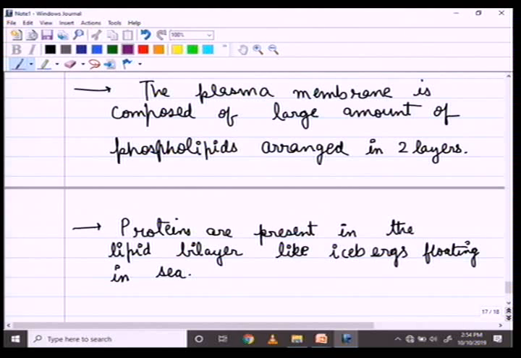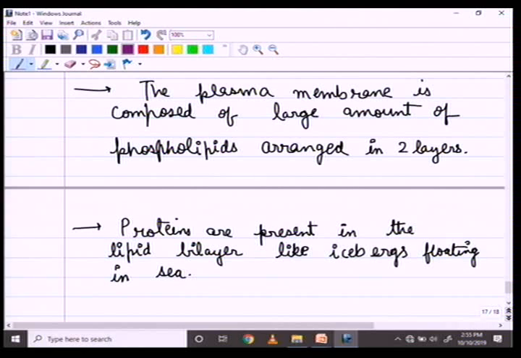The basic functions are performed by special glycosylated residues, or carbohydrates associated with lipids and proteins. These are used for recognition. Just like you need an ID card for entering the school, any protein, any receptor, any molecule also needs an ID card. Or cells need an ID card to understand each other.